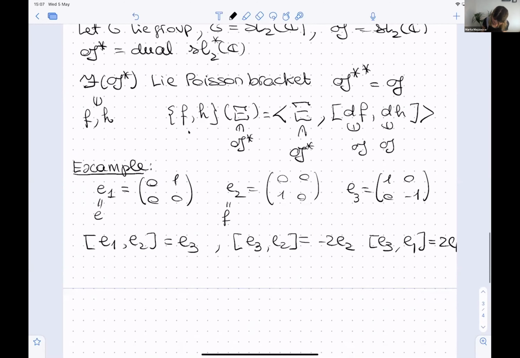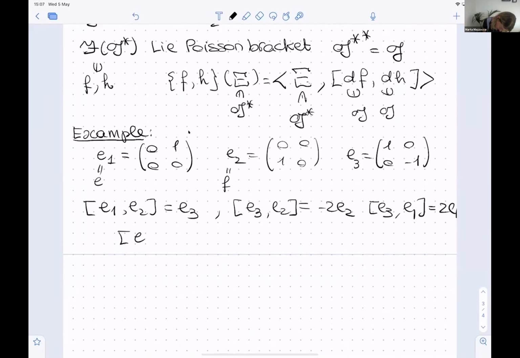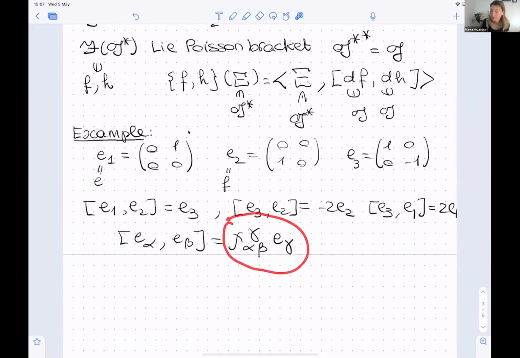Okay, and so we can write the commutation relation with shorthand notation, in which I denote the coefficients with an upper index and two lower indices, so that this notation means that we are summing on gamma.